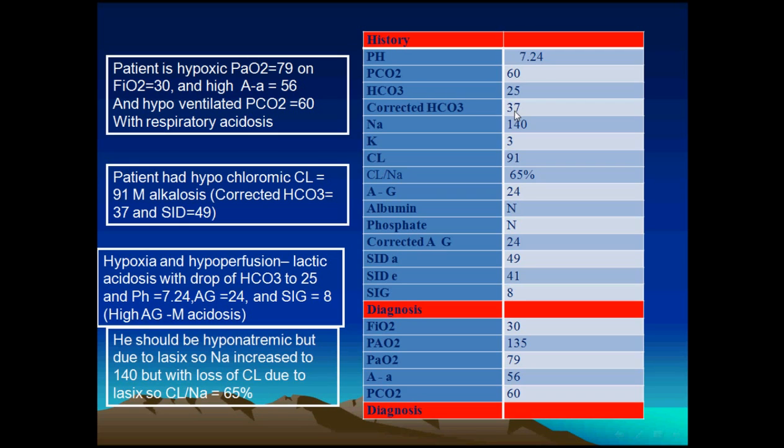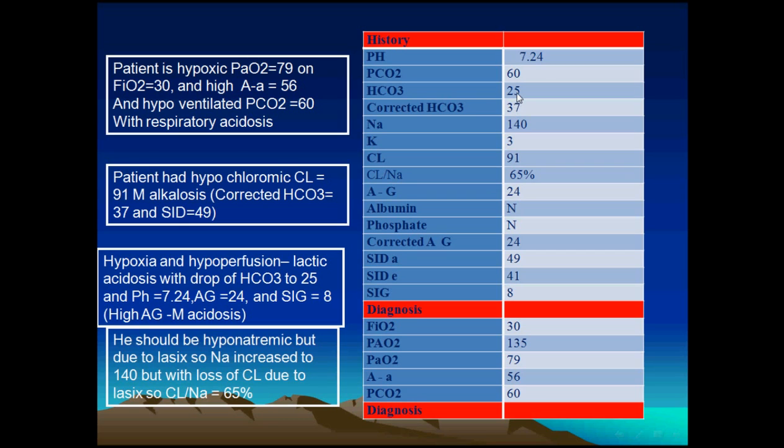So the patient was alkalotic due to the use of Lasix, and on top of this alkalosis the patient started to develop more decompensation with lactic acidosis, and the bicarbonate dropped from 37 to 25. This is a metabolic acidosis. That's why the anion gap is high, the strong ion difference is high, and the strong ion gap is high.